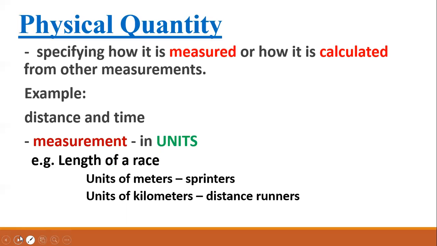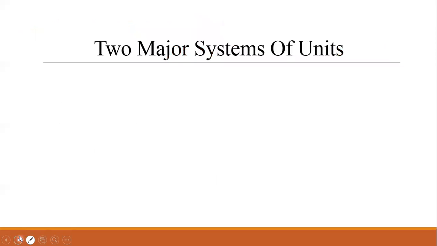Without these standardized units, it would be extremely difficult for scientists to express and compare measured values in a meaningful way. There are two major systems of units used in the world. What are those two major systems of units?